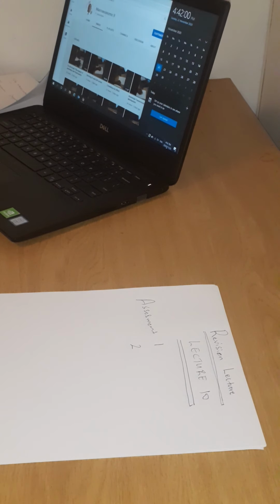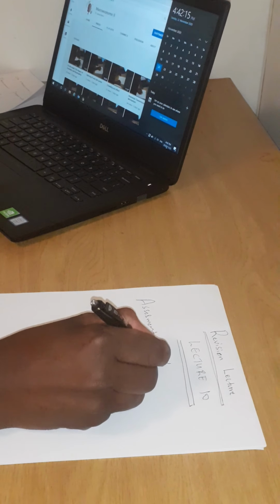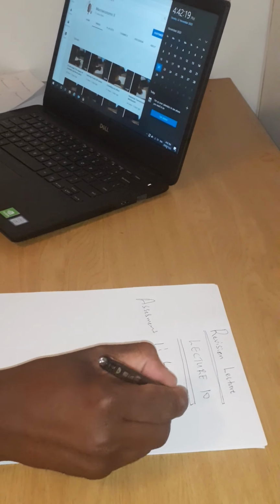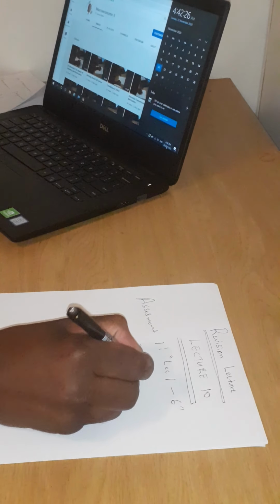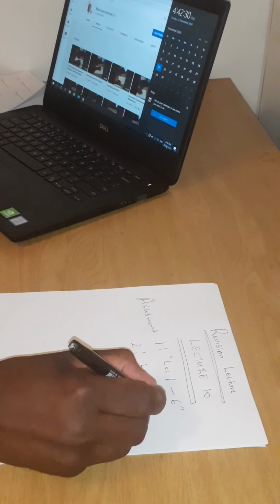So what is going to happen is the first test is based on lecture 1 to lecture 6. That's the first assessment. And then the second assessment is based on lecture 1 to lecture 9.